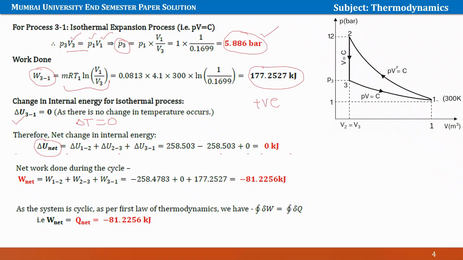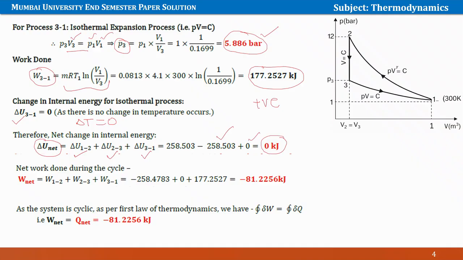That's what we have done here. In 1 to 2 the change in internal energy is this one, in 2 to 3 it is negative, and during 3 to 1 it is 0. So finally we get 0 kilojoule as the internal energy change.